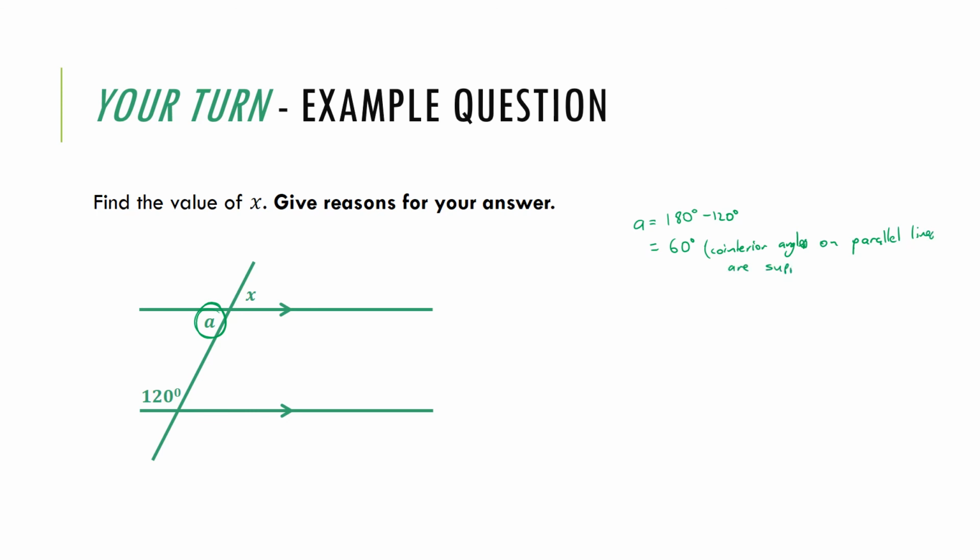A supplementary. Well, they add to 180 degrees. And now we get to our x equals A. So x equals 60 degrees as vertically opposite angles are equal.